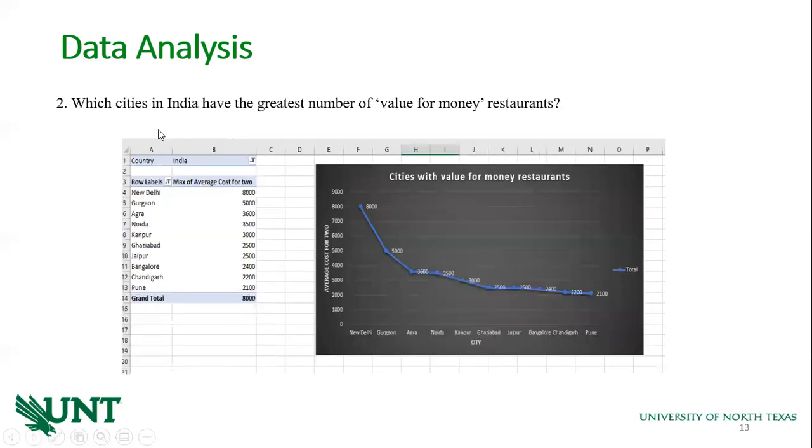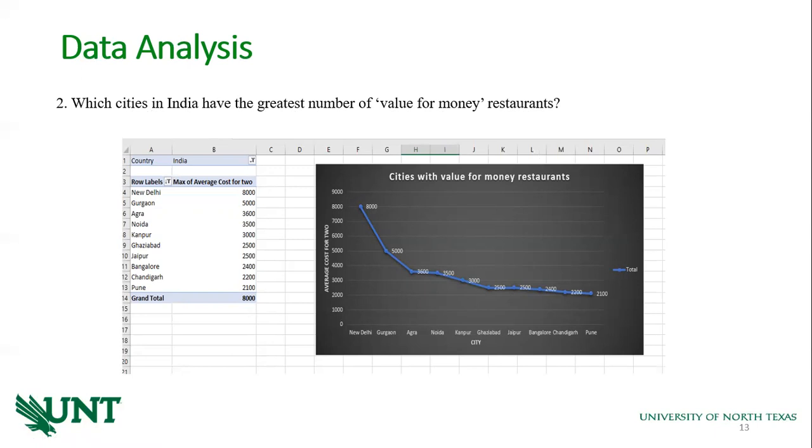So for our second goal, which cities in India have the greatest number of value for money restaurants? Pivot charts and pivot tables are used to analyze this goal as well. New Delhi, Gurgaon, Agra, and Noida are the cities in India that have value for money restaurants.